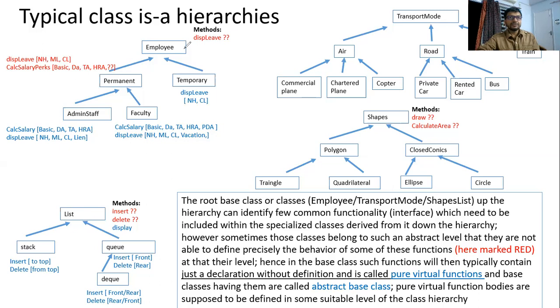Temporary employees just have a fixed salary, with no breakups or increments like that. They agree to that kind of deal, and that is how they continue. Whereas in the case of permanent employees, there are different components of the salary: the basic, DA, TA, HRA, and all this.